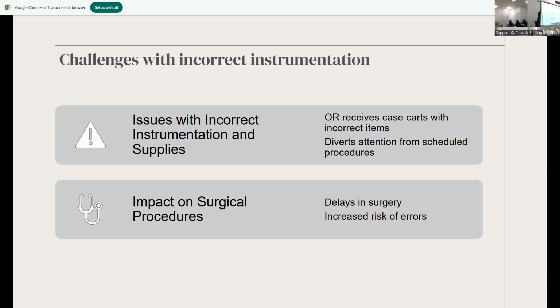It says the OR receives case cards with incorrect items, diverts attention from the schedule, causes delay, and increases risk to the patient's life. So you see how important your role is. I'm telling you guys, your role is very, very key.